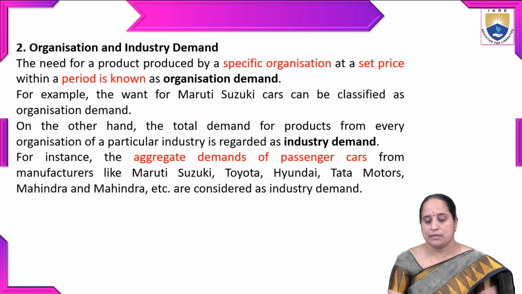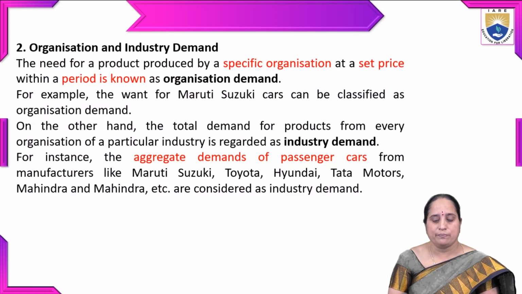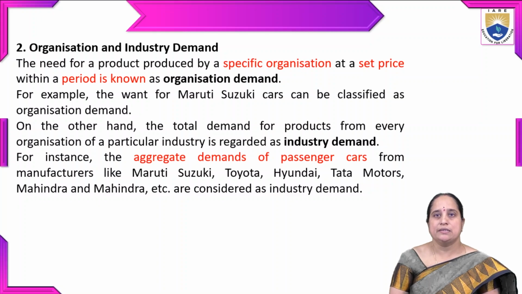In that way we can categorize into different categories. The aggregate demand for passenger cars from manufacturers like Maruti Suzuki, Hyundai, Tata Motors, Mahindra and Mahindra and so on, all the companies' cumulative demand, is considered industry demand.